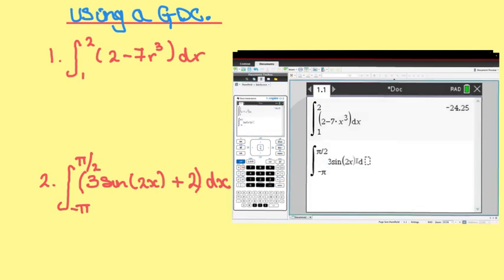Make sure you come outside the bracket, plus 2 dx, press enter, and it gives us a value.